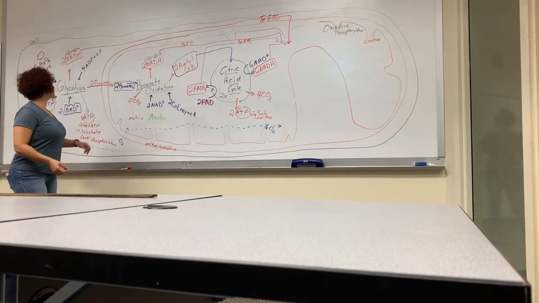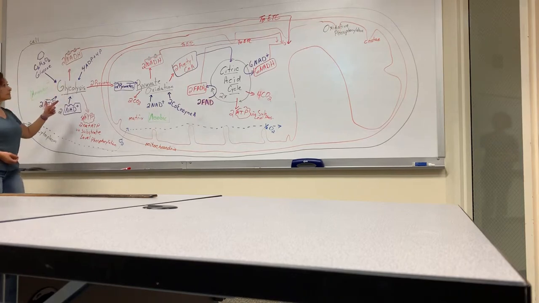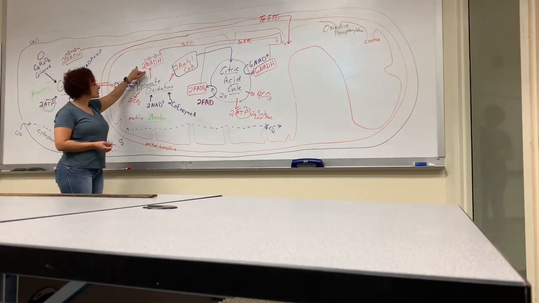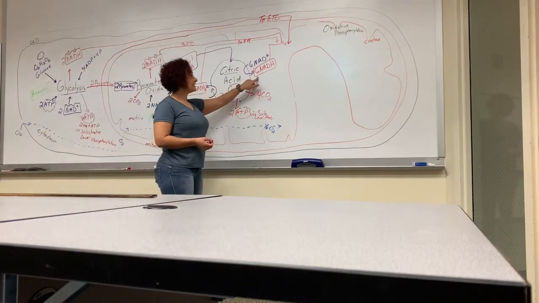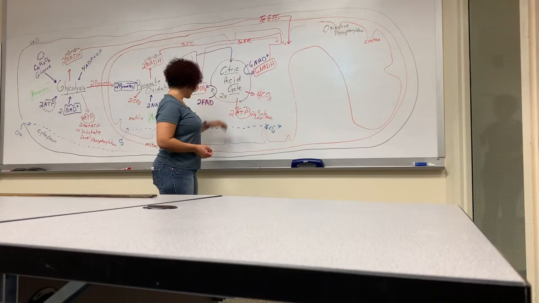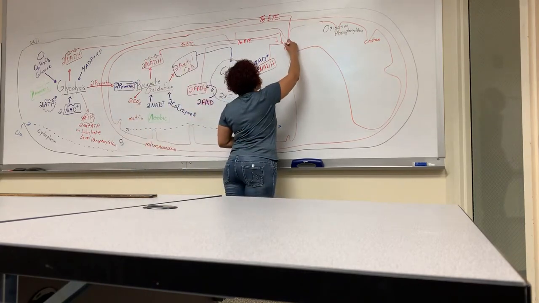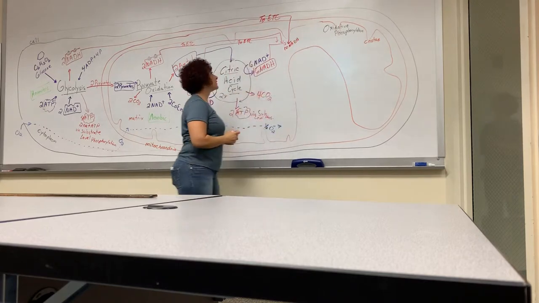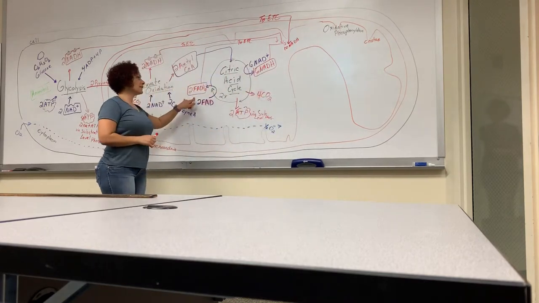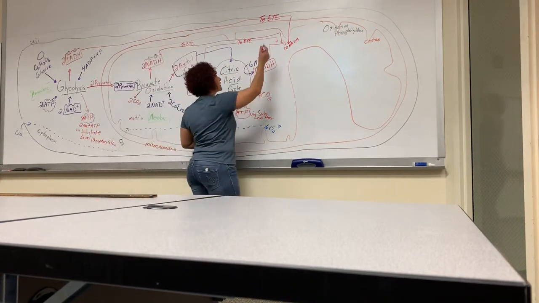They are 2 NADHs from glycolysis, 2 NADHs from pyruvate oxidation, and 6 NADHs from the citric acid cycle, which means a total of 10 NADHs from all of those systems got sent there. And you get 2 FADH2s from the citric acid cycle, which also go to the electron transport chain.